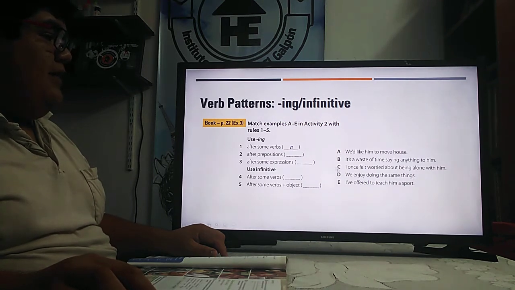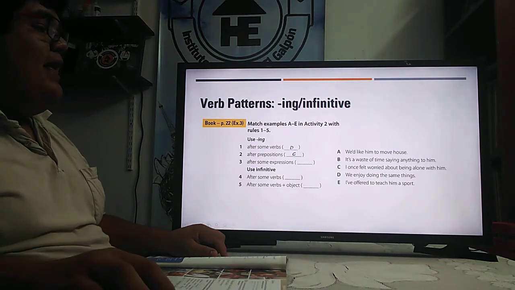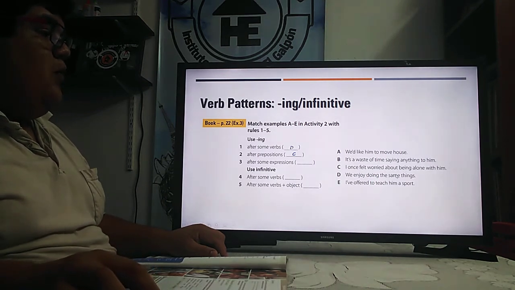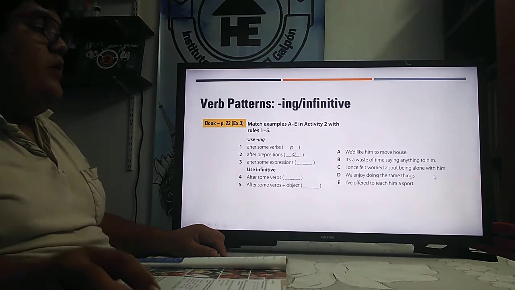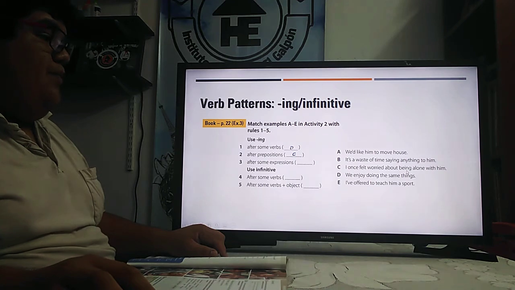After prepositions, yes, and the example is C. I once felt worried about being alone with him. Yes, about is the preposition and the verb is being. Felt worried about being alone with him. After every preposition, we use an ing form.